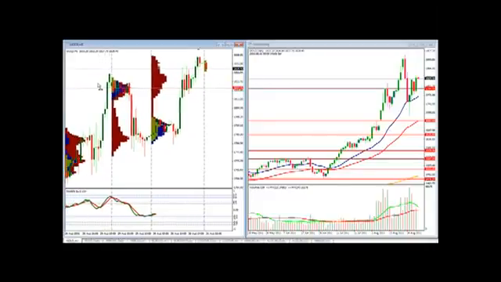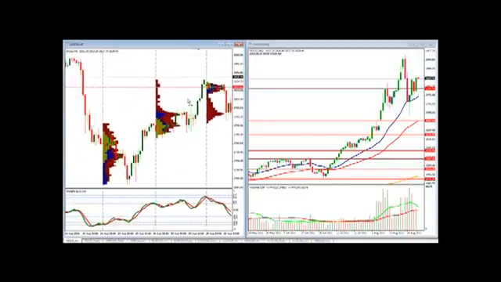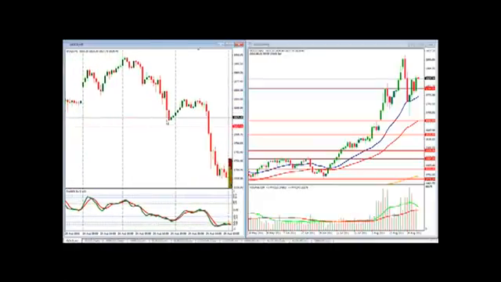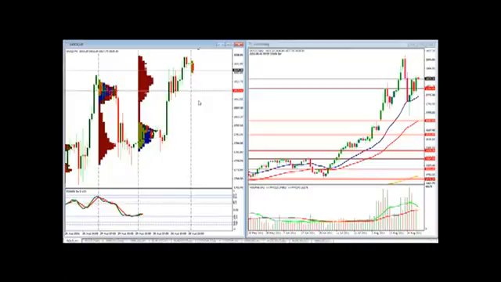If we drag back over, 1817 is our point of control, and we can start to see where we could get some movement. The next area of concern as far as volume resistance is 1853. What we want to do is see our point of control, 1817 up to about 1822, hold up as volume support, and again our next area will be in the 1850s for volume resistance.